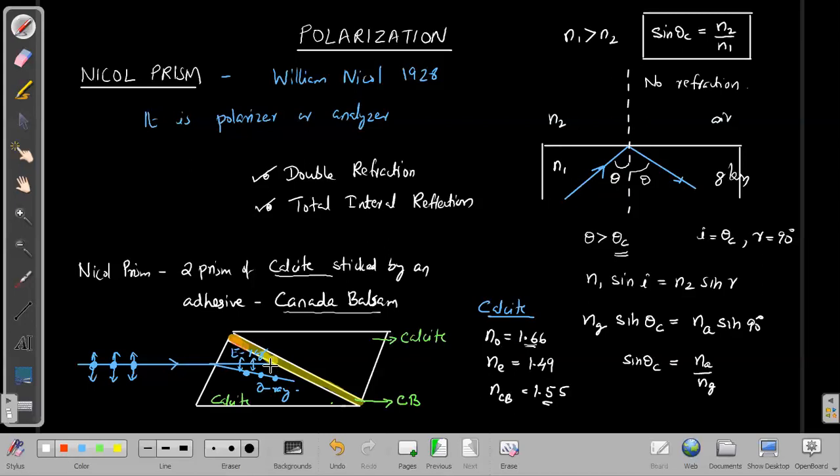Whereas the extraordinary ray is traveling from a rarer medium to a denser medium, so there is no possibility of total internal reflection. So what would occur is, we arrange the crystal in such a way that the ordinary ray will undergo total internal reflection, whereas the extraordinary ray will move straight without any trouble.